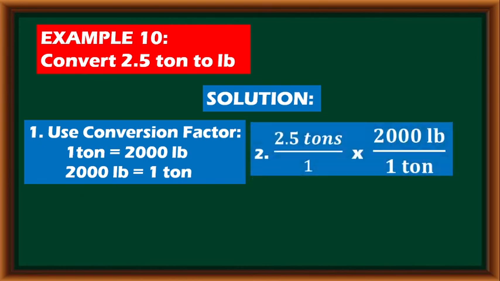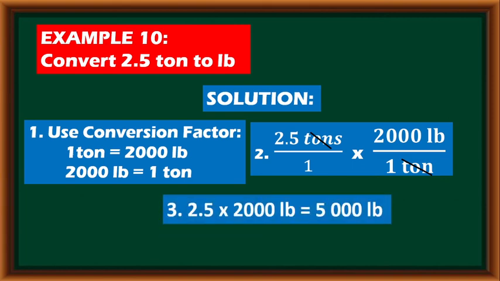And that is 2.5 tons over 1 multiplied by 2,000 pounds over 1 ton. So you're going to remove tons. Remaining now is 2.5 times 2,000 pounds, and that is equivalent to 5,000 pounds.